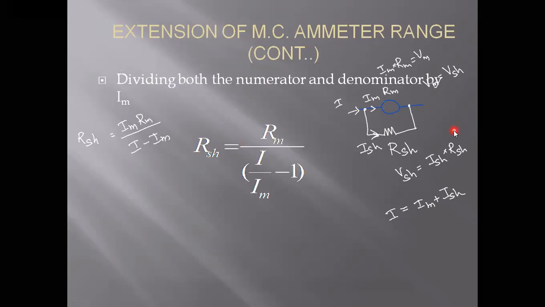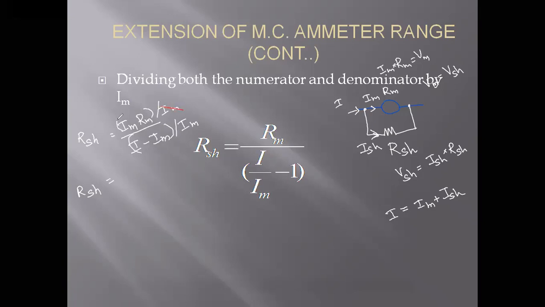Now, by dividing IM on both the sides, I'll be left out here with RSH, and IM on both numerator and denominator. That means the numerator by IM and denominator also by IM. So IM will get cancelled out.